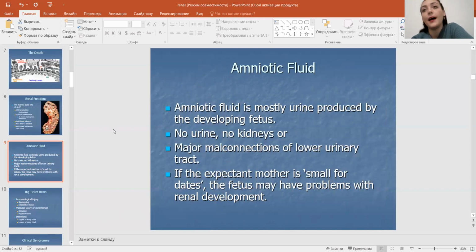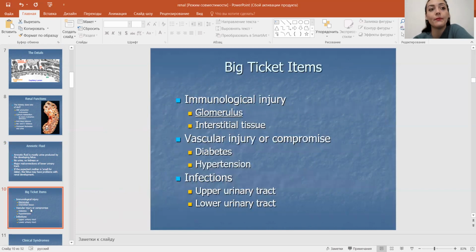Amniotic fluid is mostly urine produced by the developing fetus. No urine means no kidneys, or major malformations of the lower urinary tract. The expectant mother is small for dates. The fetus may have problems with renal development.